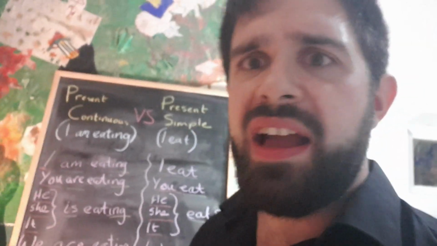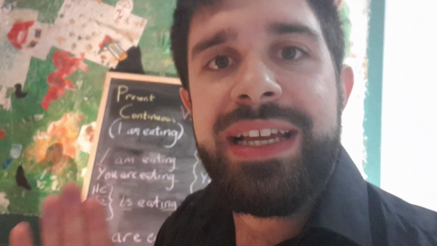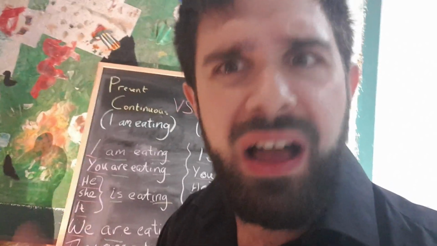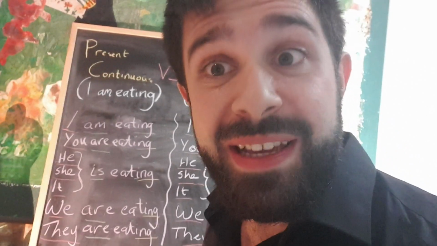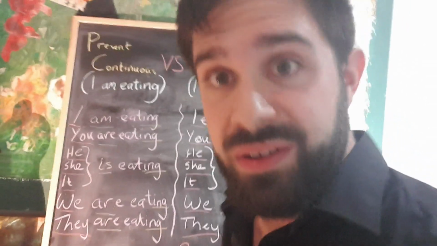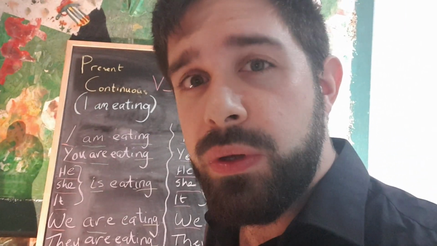So, I, you, he, she, it, we, they. Over here, the rule is the participant. The participant can be I, you, he, whatever is doing the verb. Then am, is or are. These are all from the same verb, to be.